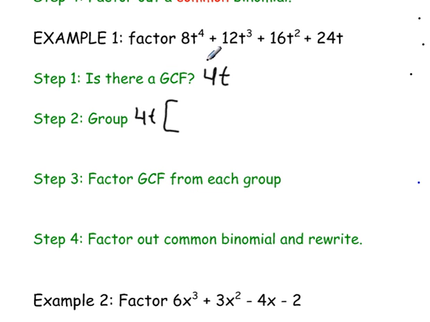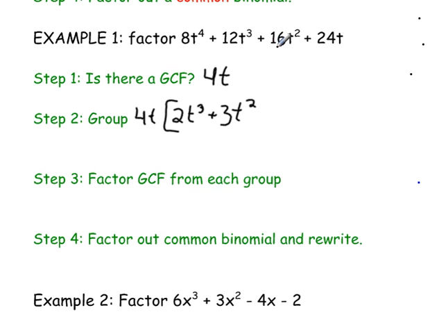I've got 4 factored out of 8 is 2. T factored out of t to the fourth leaves us with t to the third. Four factored out from 12 is plus 3. And t factored out from t to the third leaves us with t squared.